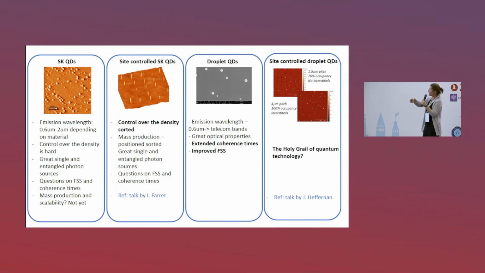The droplets like to form themselves within the pit. They present about 70% occupancy within a certain area. And I believe that if we tick all those boxes, that could be the holy grail of quantum technology in terms of photons and manipulations of the photons.